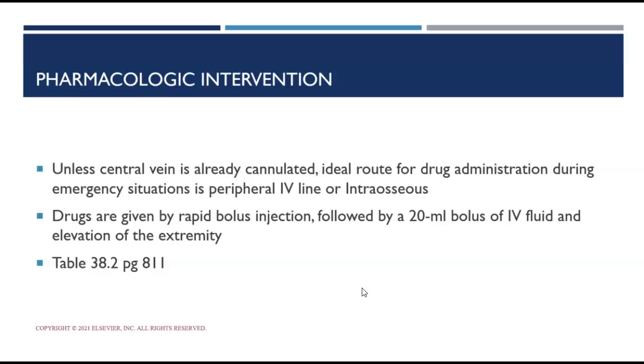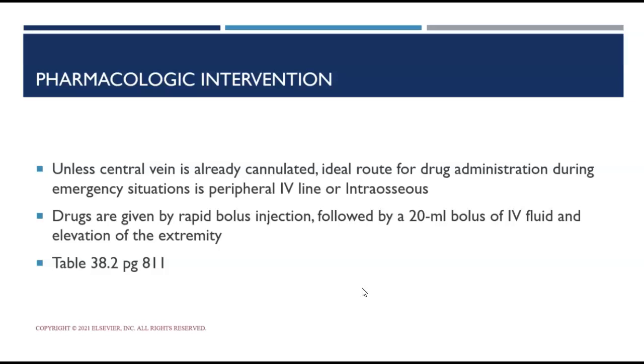If they can't get peripheral IVs in, they would choose to do an intraosseous, which is a device that catheterizes directly into the bone marrow, and you can inject the medications right into the bone, which is hooked up to your vascular system, and it's just as effective as a peripheral IV. All the drugs that are given during ACLS are given by rapid bolus injection.